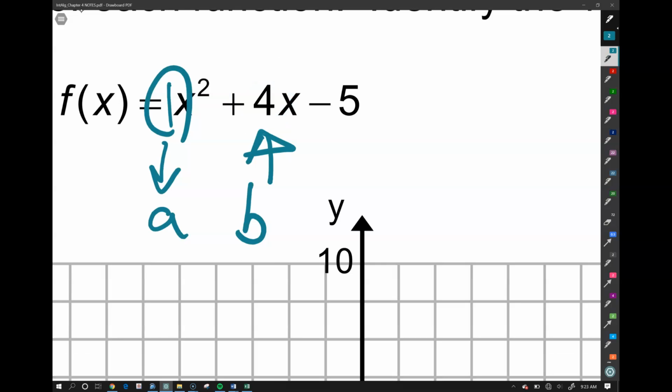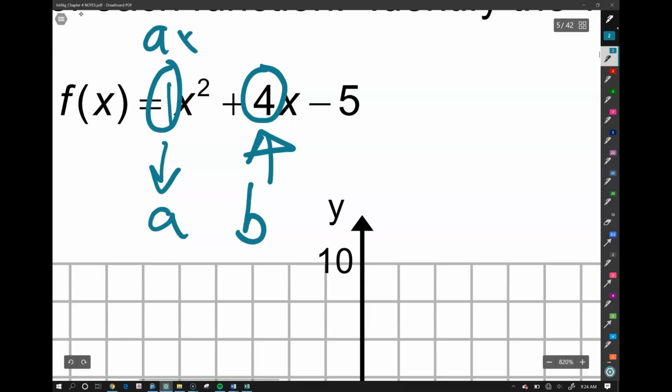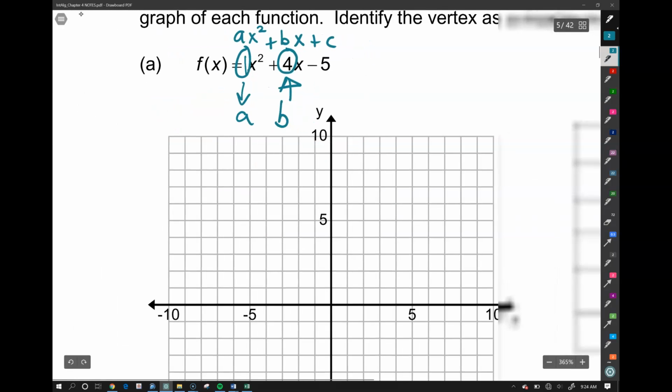Yep, this is the b, and since there's no number in front of x squared, we know the coefficient's 1. Because the equation is ax squared, so a is the coefficient in front of x squared, plus bx, b is the coefficient in front of x, plus c, and c is just the constant at the end. Okay, so I have my axis of symmetry.